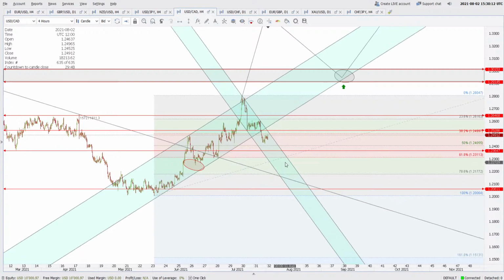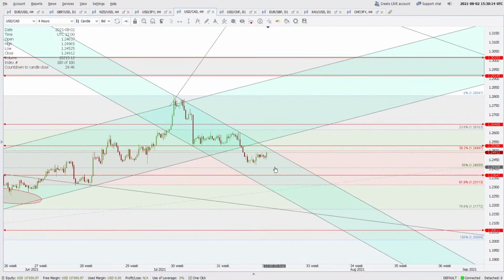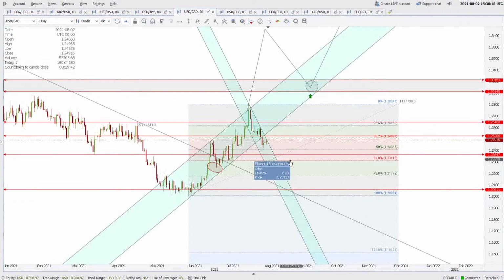So 1.2364 is the next level of support for the pair. If that is broken, then after this we have the 1.2061 region. That is very deep.